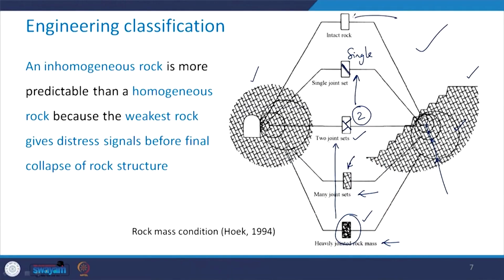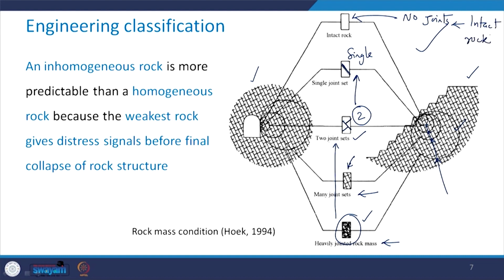You further reduce the size of the specimen and take a small specimen in such a manner that there are no discontinuities in this case, no joints. So this is going to be your intact rock.